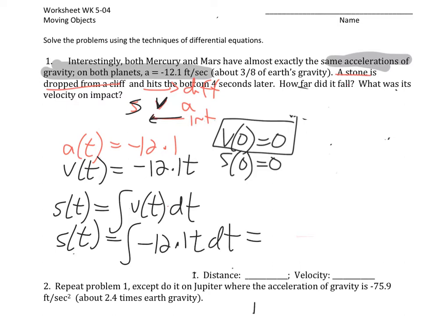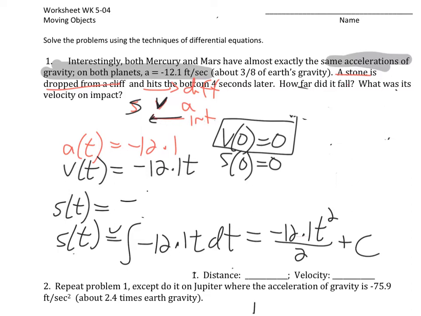The integral of negative 12.1 t is negative 12.1 t squared over 2 plus some constant. So here our position function is going to be equal to negative 6.05 t squared plus some constant.